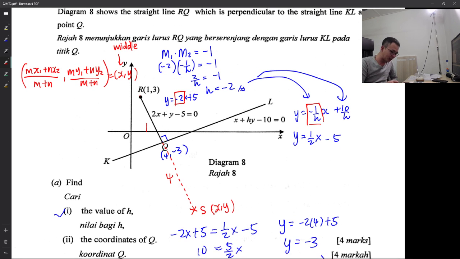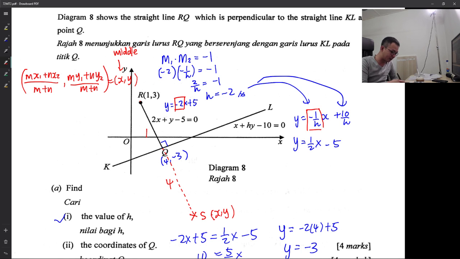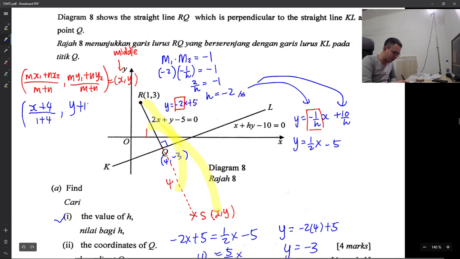You should know it's a crossover, right? So the 1 needs to cross over and multiply this one, and the 4 needs to cross over and multiply the other one. The 1 and 4 are m and n. So 1 multiplied by x, I got x. 4 multiplied with 1 plus 4 over 1 plus 4, comma. Then 1 multiplied by y is y, and 4 multiplied by 3 plus 12 over 1 plus 4 equals 4, negative 3.